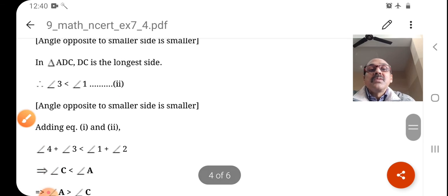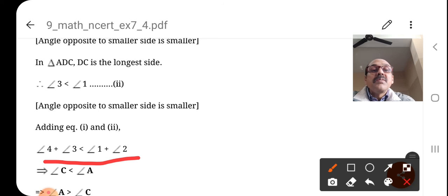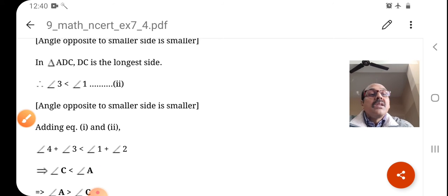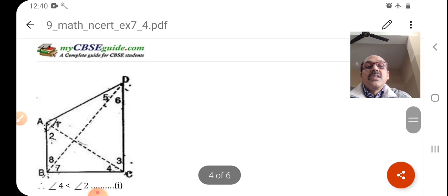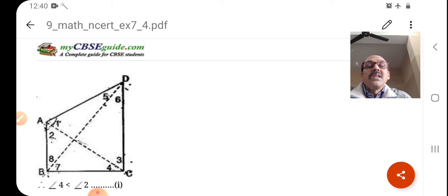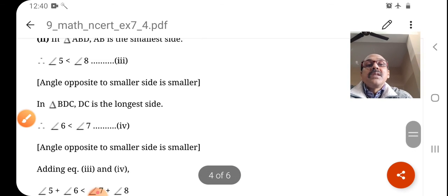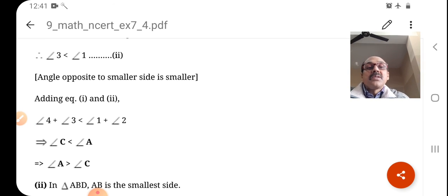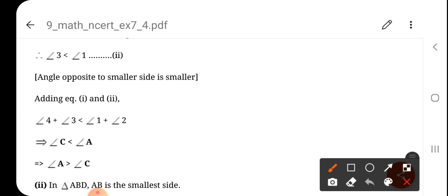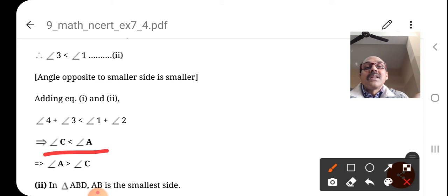Angle 4 plus 3 means angle C, and angle 1 plus 2 means angle A. So angle C is less than angle A, or you can say angle A is greater than angle C.